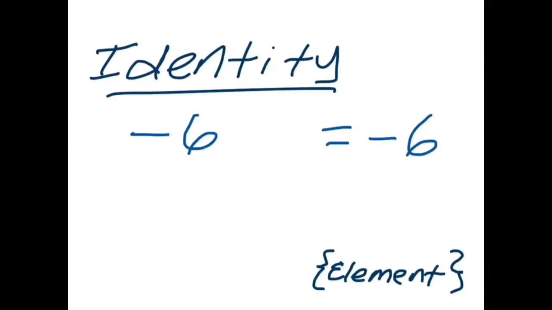There's only one way that we can do that, and for addition, that is to add a 0. So the identity property keeps the number the same as the answer. In other words, it will not lose its identity.